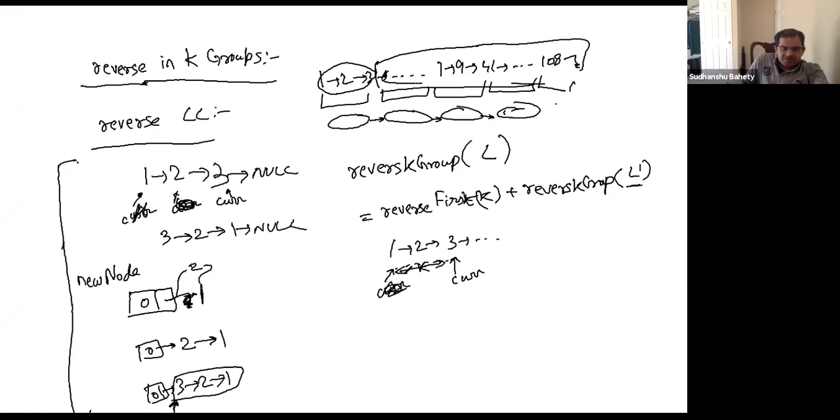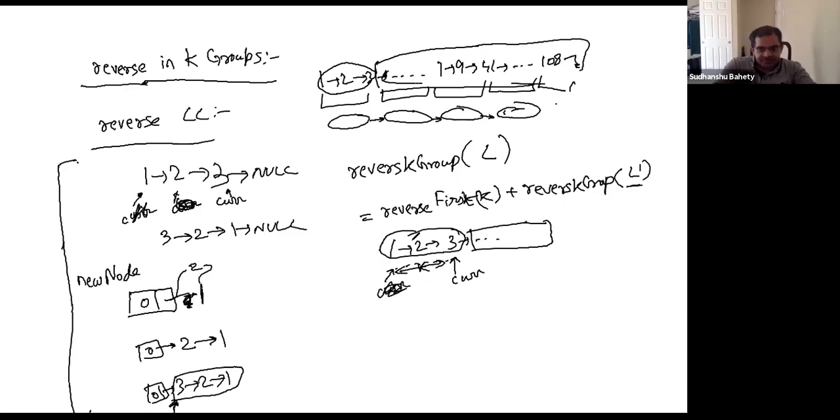Once this distance is k, then you reverse this part completely, and then you call the recursive function on this to reverse k groups on the remaining one. So then you don't need to bother about the pointers and things like that. Things will work out magically on their own.